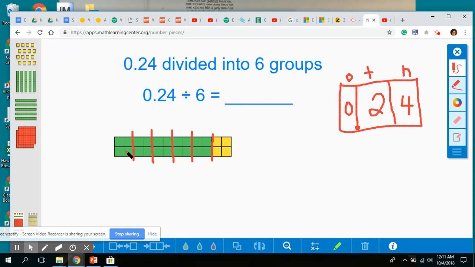So I've divided this into 6 groups, 1, 2, 3, 4, 5, and 6. And how many do I have per group? I have 4 hundredths.